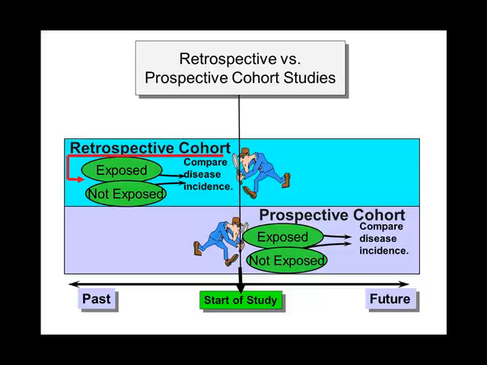So this cartoon kind of summarizes the key difference between these two. In the retrospective design, the investigator jumps back in time to identify the disease-free cohort and then looks at what subsequently happened to them. But the health events of interest have occurred prior to the initiation of the study. In contrast, in the prospective design, the study is pre-planned.